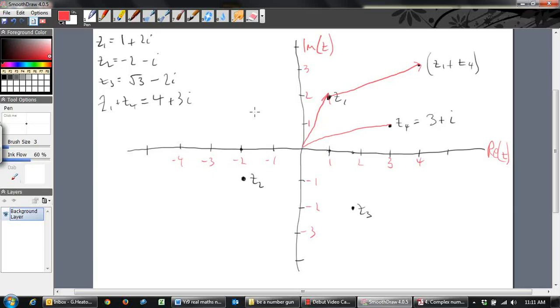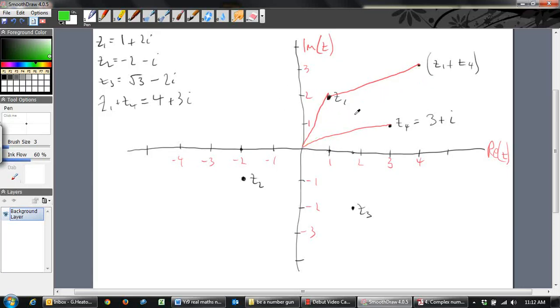We're adding those two together, and our answer is this number here. So that's what happens. We're adding this complex number Z1 to this complex number here Z4, and the geometric interpretation of adding two numbers together on the Argand diagram is this green arrow here, which is the adding together. Fantastic. So that's a bit about adding.